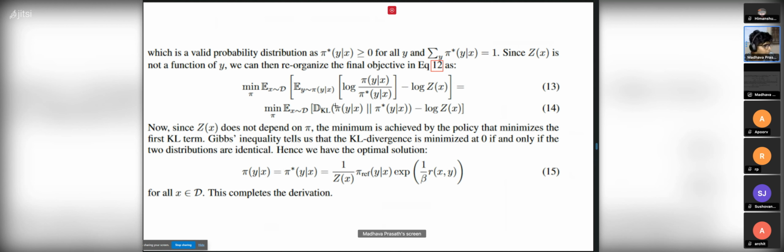But answering Apurul's question, the KL divergence here vanishes while we are enforcing a minimum norm, because to be minimum, we have to make this term 0. This term becomes 0 when these two distributions are identical to each other. If they are identical, then you have this function here. Hope that answers your question.